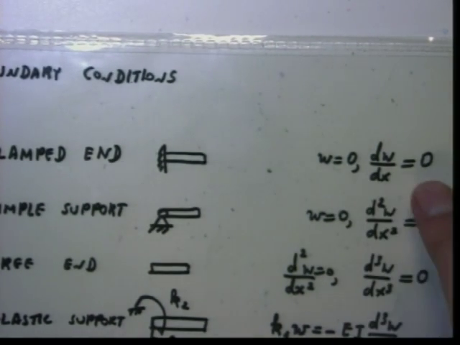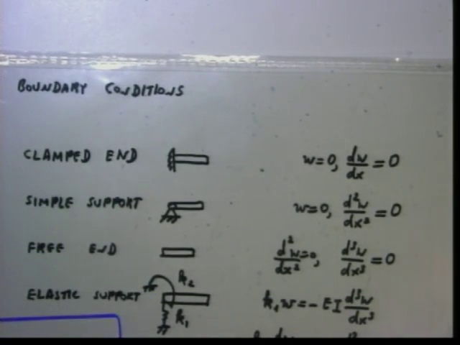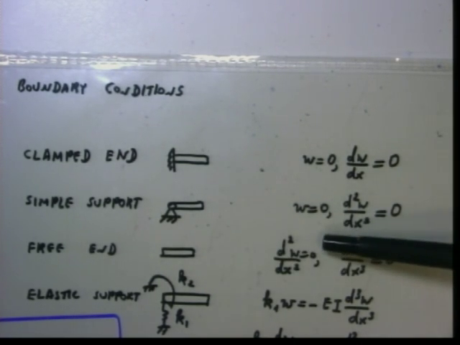displacement equals 0 and first derivative equals 0. Simple support: w equals 0, second derivative of w equals 0.